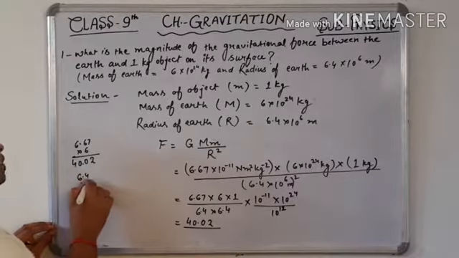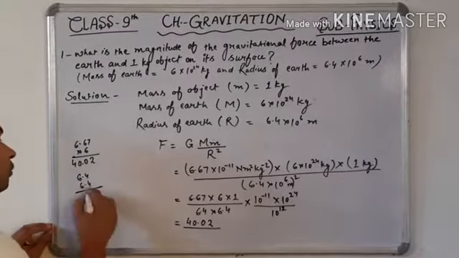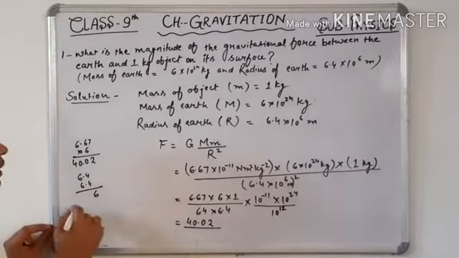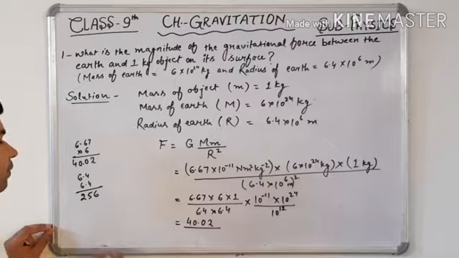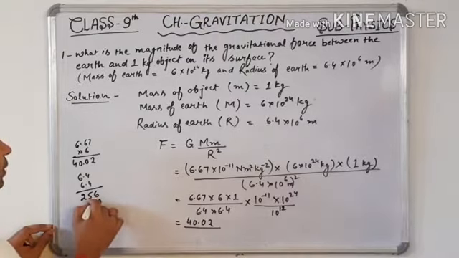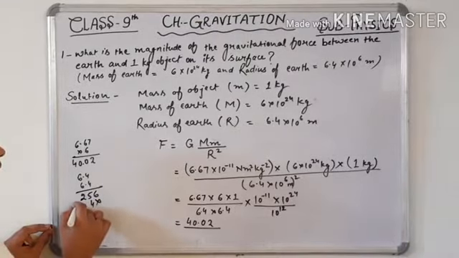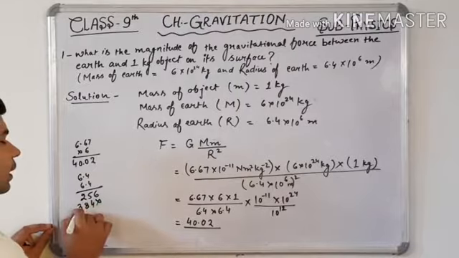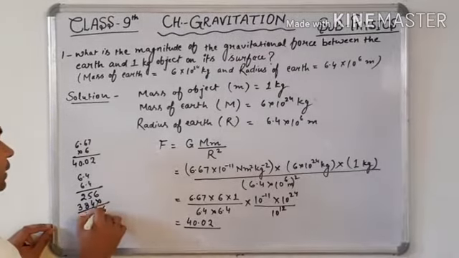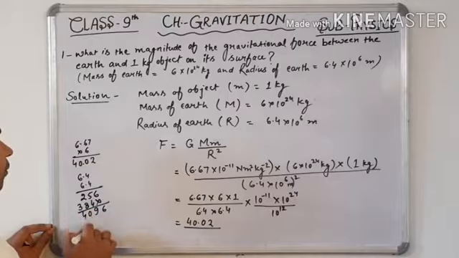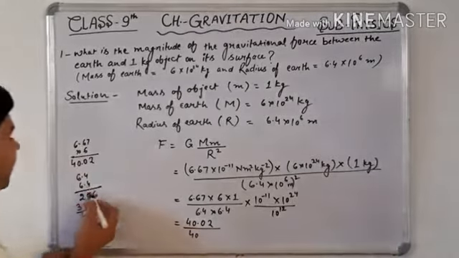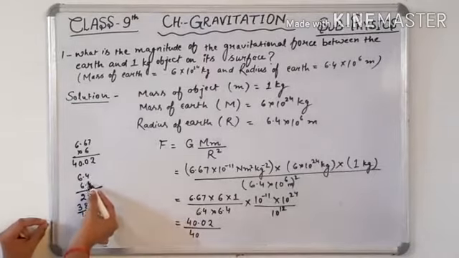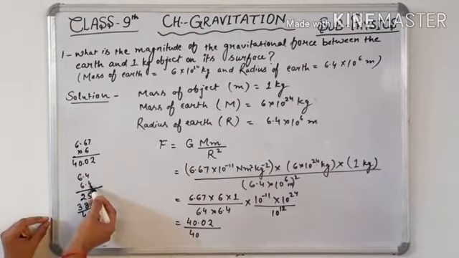6.4 into 6.4. 4 4 are 16, 6 4 are 24 and 1 is 25. 6 4 are 24, 6 6 are 36 and 2 is 38. 6 9 0 4 4 0, and how many digits are there after decimal? 1 and 1, 2.